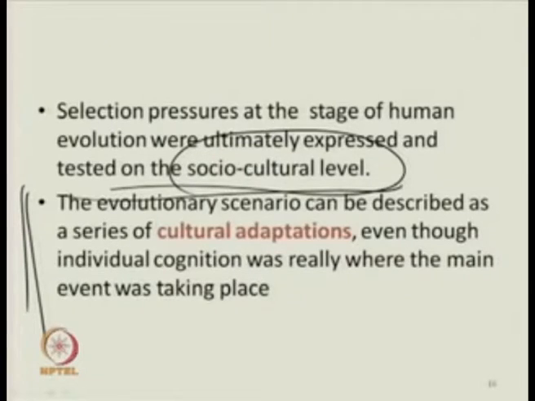Then he says the evolutionary scenario can be described as a series of cultural adaptations. Now this is really a new way of formulating things. For instance, whenever we talk about evolution, whenever we talk about Darwinian theory, we think that these are to do with only changes at the physical level.